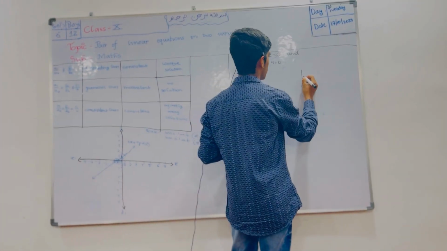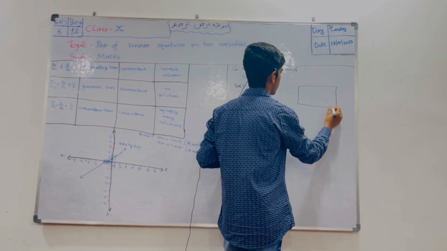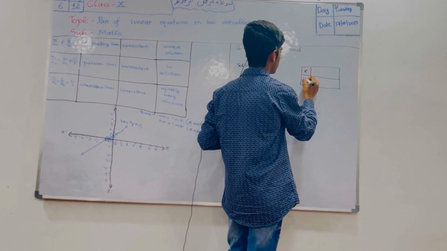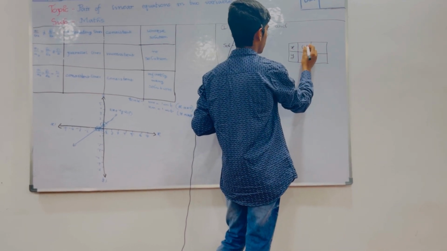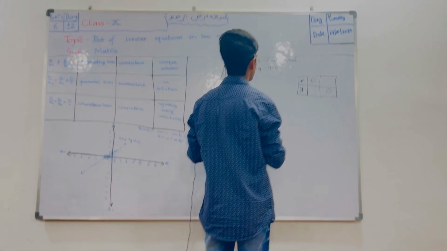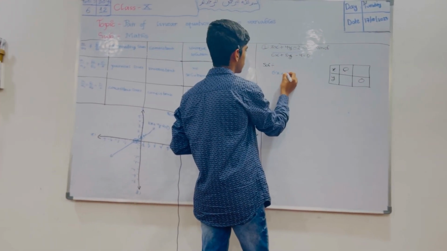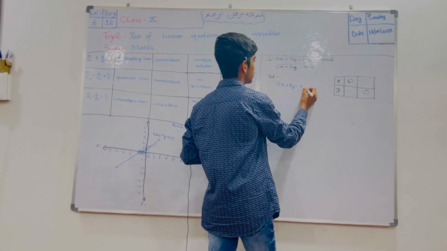First we have to draw a table. X-axis and y-axis. If you have to take the zeros of the polynomial, you have to take 0 here and here. Now we have to substitute the x value in the second equation, 6x plus 8y minus 4 equals 0.